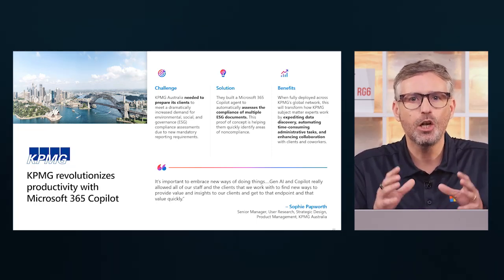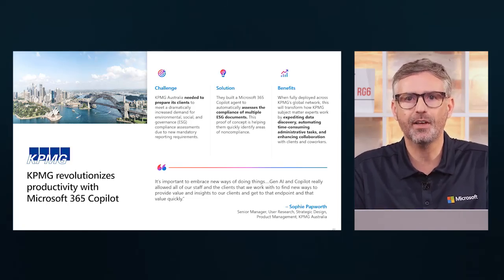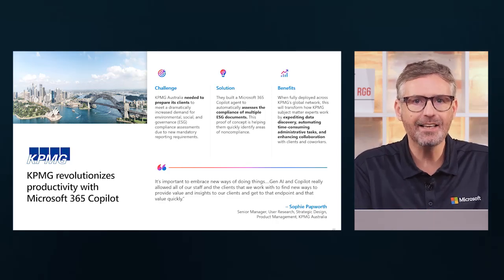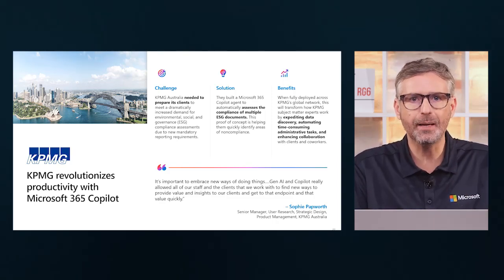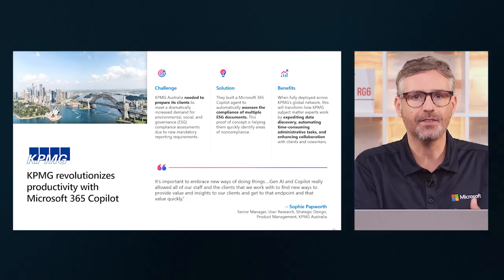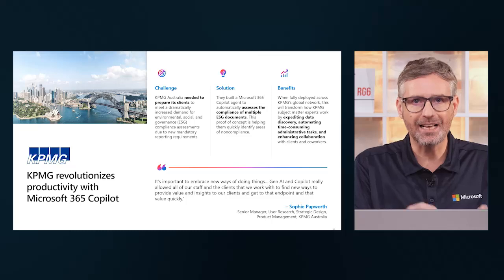KPMG Australia looked to Copilot to help keep pace with exponential volume increase, and they developed an agent that allows users to input a document to Teams and select a set of standards to compare against with Copilot, as well as create a summary.